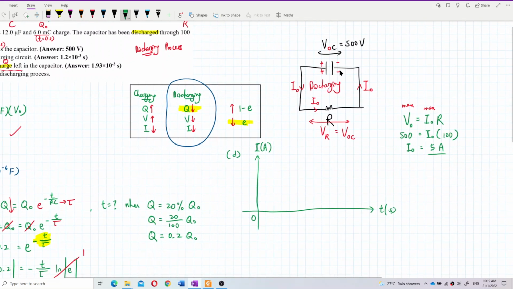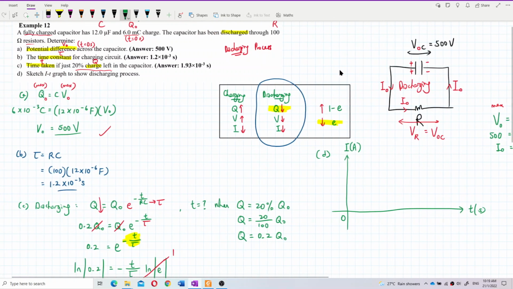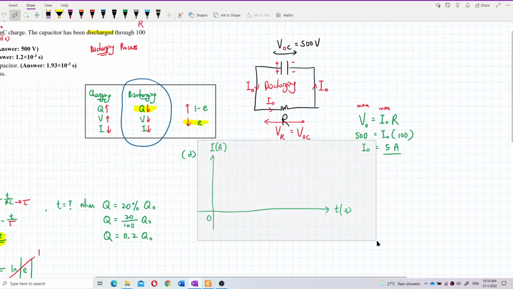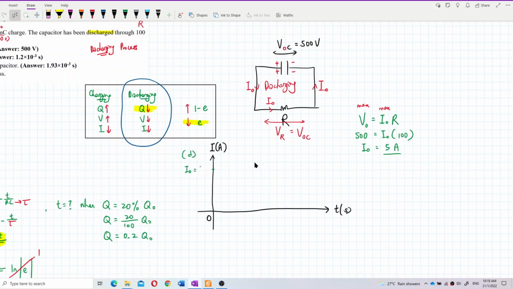Now I can label it with I naught. My I naught is 5 ampere.